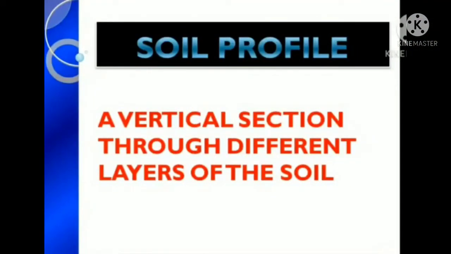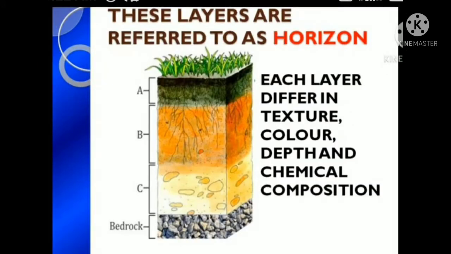Each layer differs in texture, color, depth and chemical composition. These layers are referred to as horizons. There are different types of horizons: A horizon, B horizon, C horizon and bedrock.